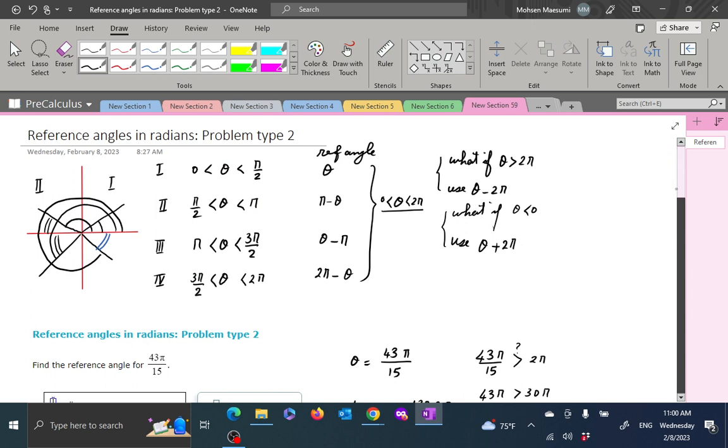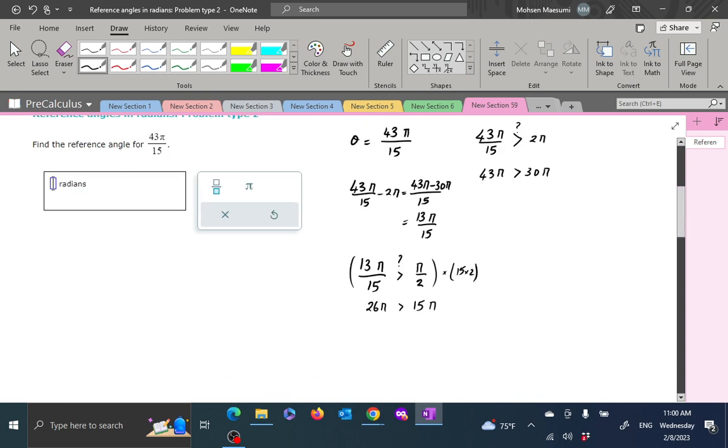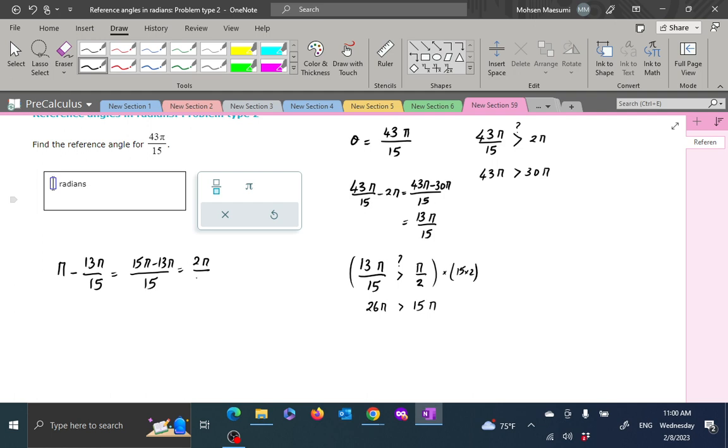Okay, in quadrant 2, what do we do? Take pi and subtract your angle from it. So I say pi minus 13 pi over 15. I take a common denominator, 15: 15 pi minus 13 pi, and that is 2 pi over 15, and that is my angle.